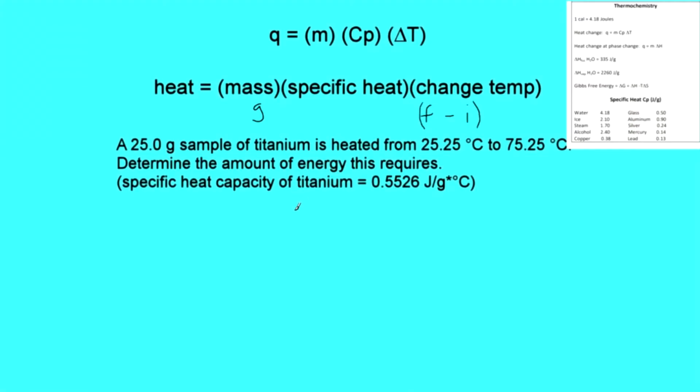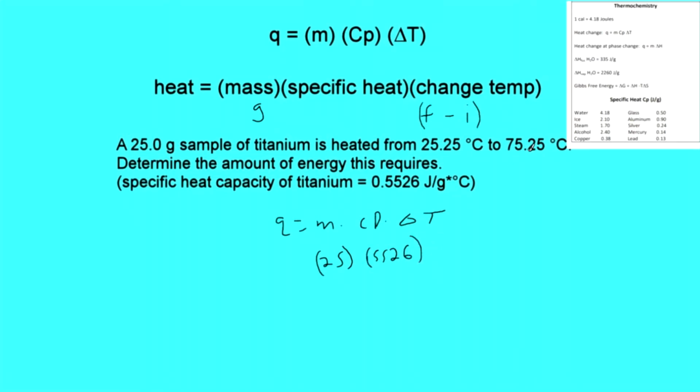Let's go back to this problem here. So here's our formula: Q equals m Cp delta T. All we're doing here is plugging in some numbers. M is our mass, so we have a 25-gram sample of titanium. That's m. Our specific heat is given to us. Specific heat of titanium, there it is, 0.5526.